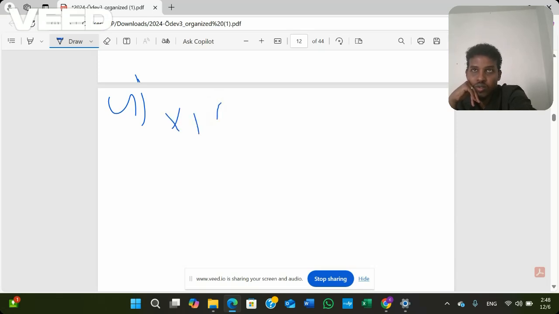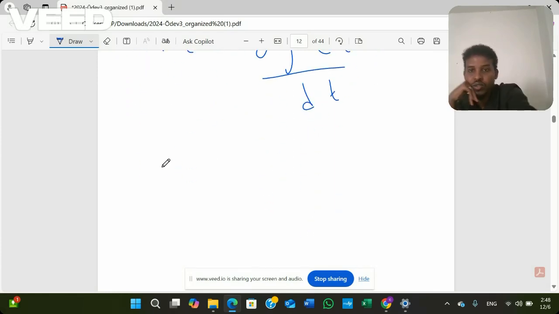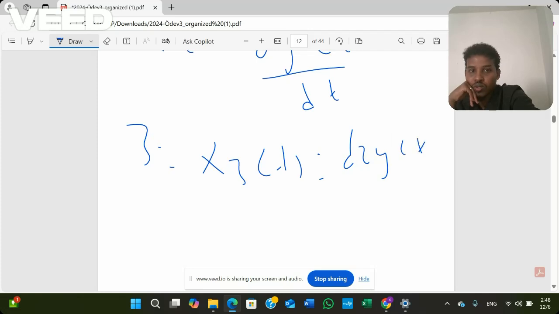x1(t) is equal to y(t), x2(t) is equal to dy(t) over dt, x3(t) is equal to d2y(t) over dt square.